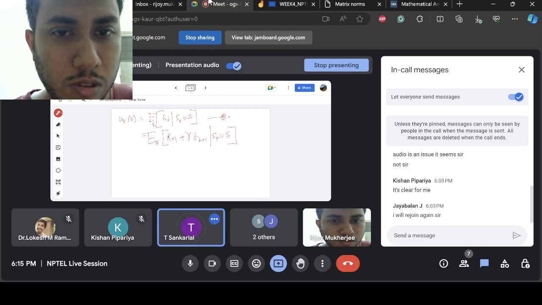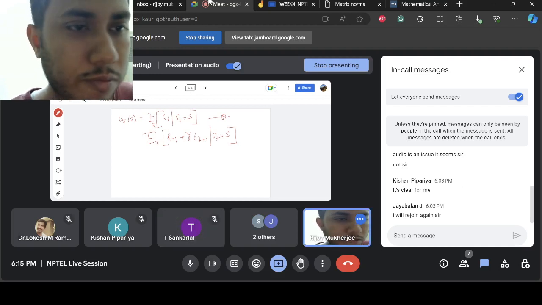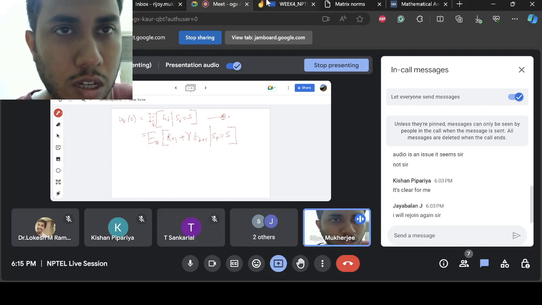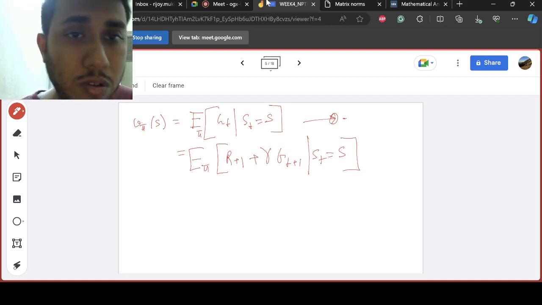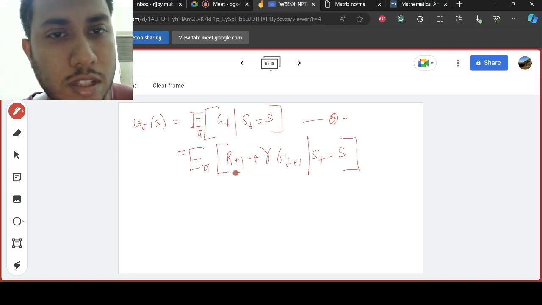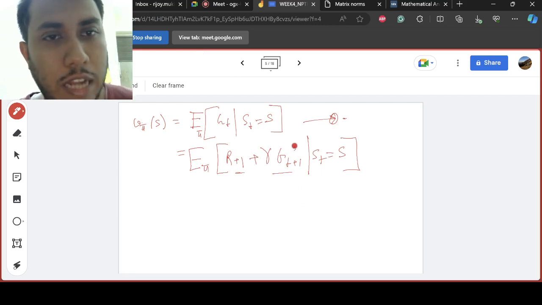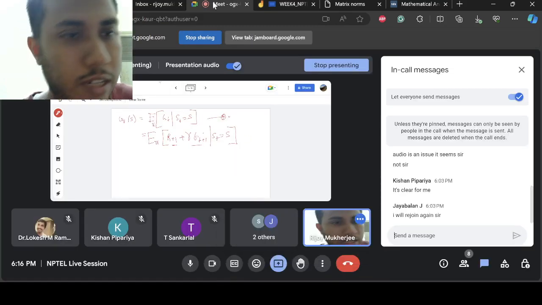No doubts. Okay, thank you. So now what you can recursively write is this, because it is the expected return at time t plus 1.